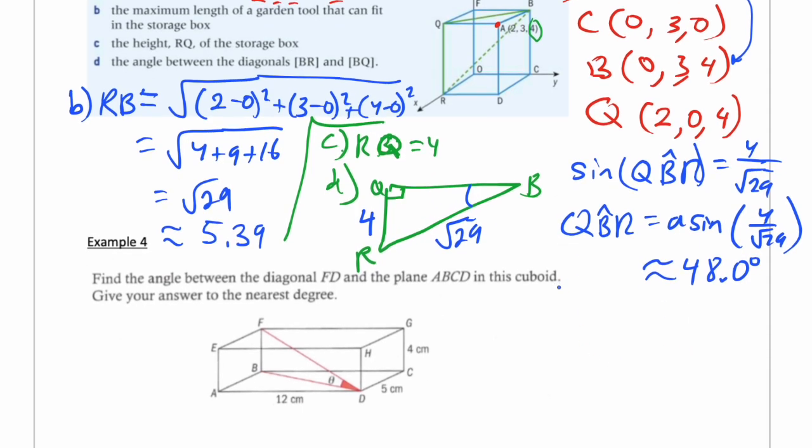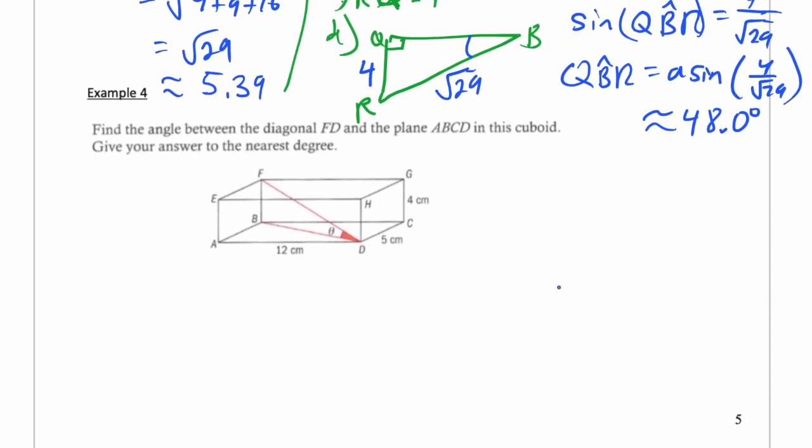Okay. In the next question, it asks you to find this angle here between these two lines. I think all that's given is these measurements here. So let me draw triangle FBD with the theta in there. Now we do know the opposite side is going to be 4.